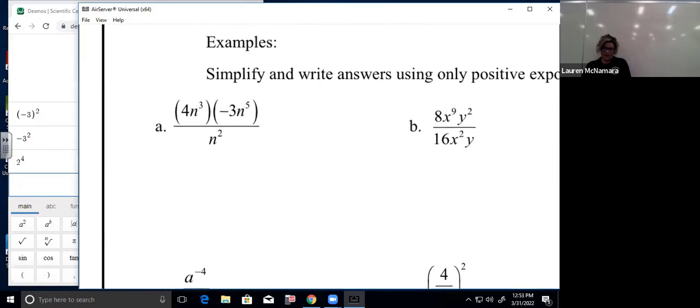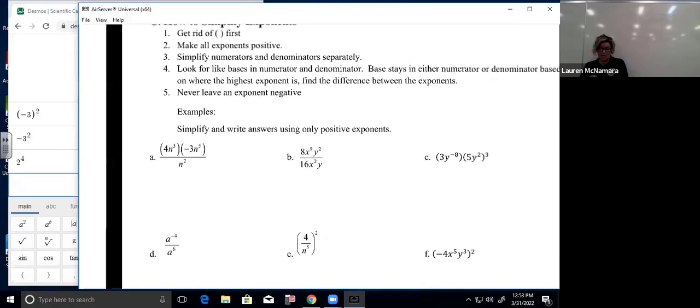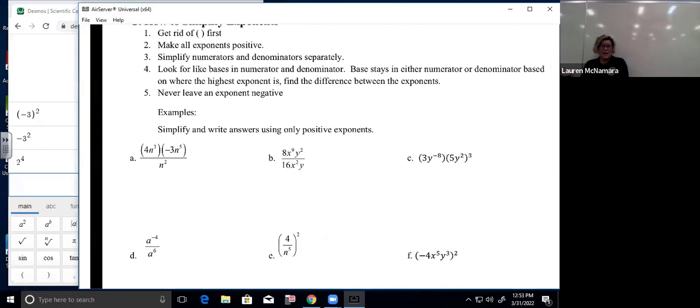First example, my example A. I would get rid of my parentheses first. In other words, I'm looking for, do I have an exponent on the outside of my parentheses? Nope, no exponent on the outside of the parentheses. So what am I doing here? I'm just multiplying. So I know that I have 4 times n to the third times -3 times n to the fifth divided by n to the second.